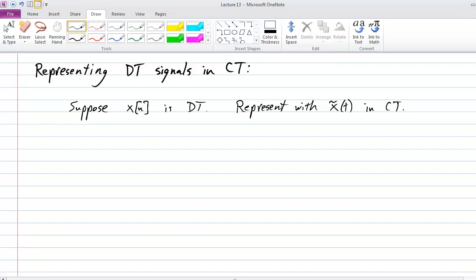And here's how we'll define x tilde of t. It equals the sum, n equals negative infinity to infinity, x[n] delta of t minus n capital T.